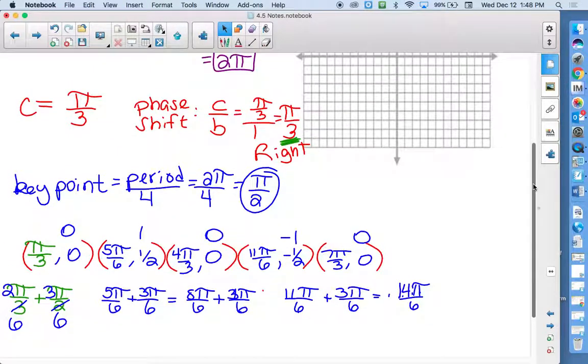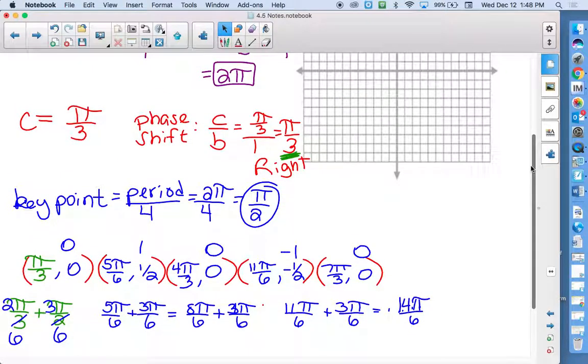So when you go to label the graph, we need to decide what each one of these little marks, each box on the graph represents. And we have two different fractions that we're working with, because we have pi over 3 versus pi over 6. Whatever your common denominator is, the least common denominator, is what each one of those tick marks needs to be, so that everything is still the same distance apart from each other.